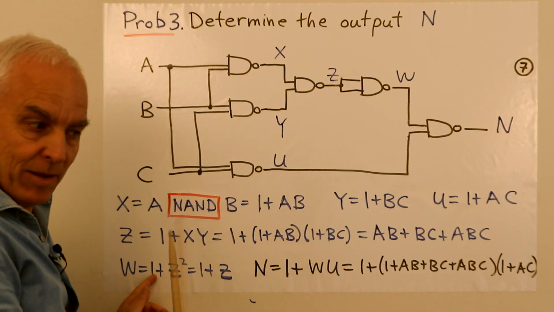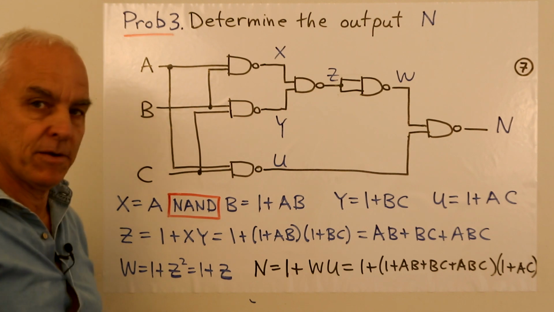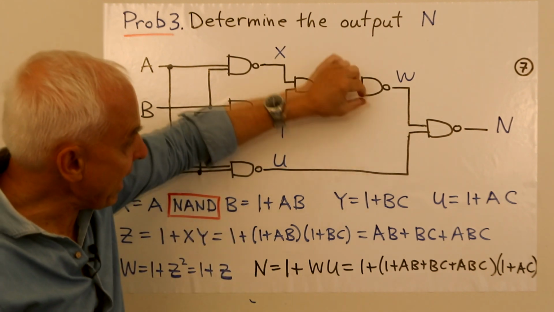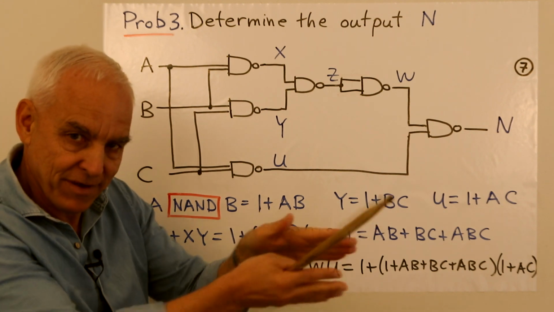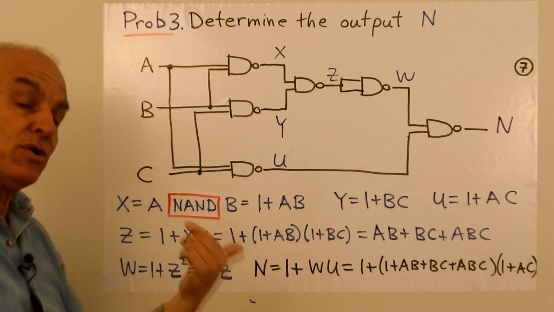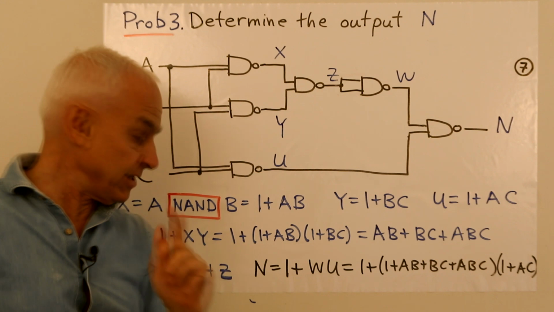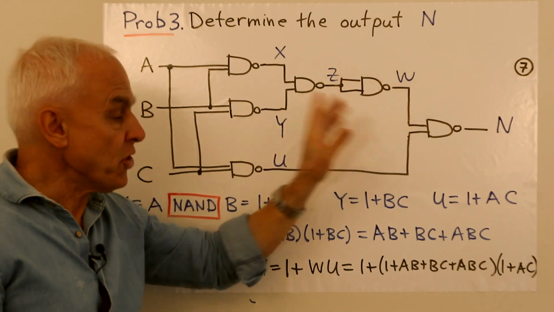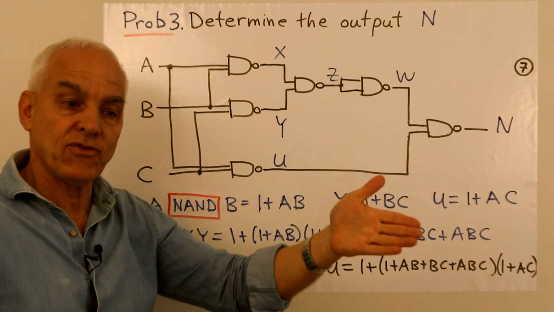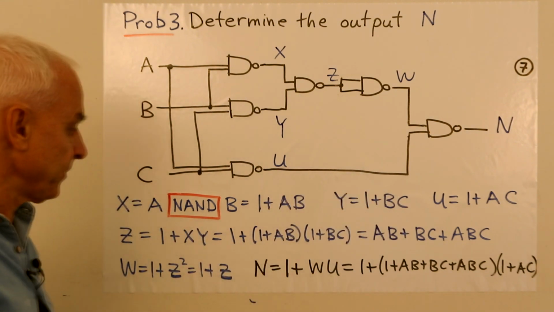But Z squared is the same as Z, so this is the same as 1 plus Z. So the effect of this NAND gate taking the input Z in both inputs is effectively just to negate the Z. Right? So this is kind of like a NOT operation expressed in terms of a NAND gate.